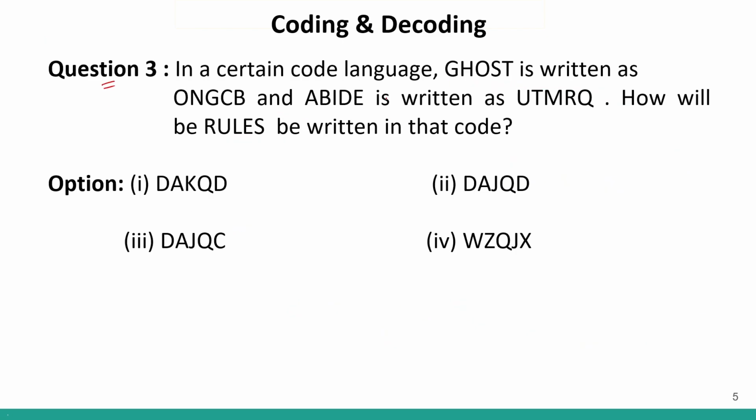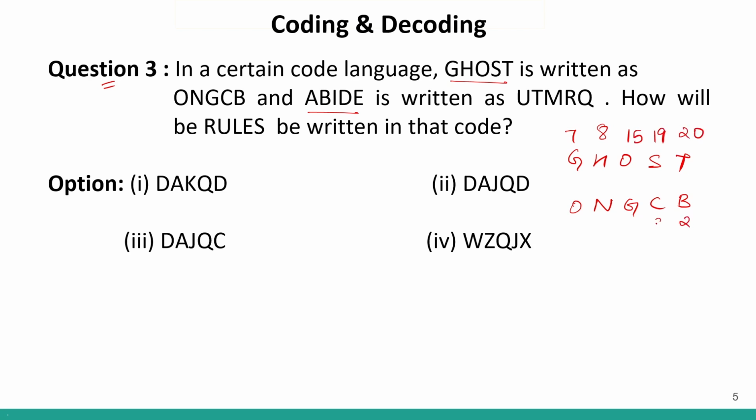Clear? Moving on to question number 3. In a certain code language, GHOST is written like this, ABIDE is written like this. We have to find the code for RULES. Now if I see GHOST, it is written as ONGCB. So for G, the code is how much? Forward ranks: G is 7, H is 8, O is 15, S is 19, and T is 20.